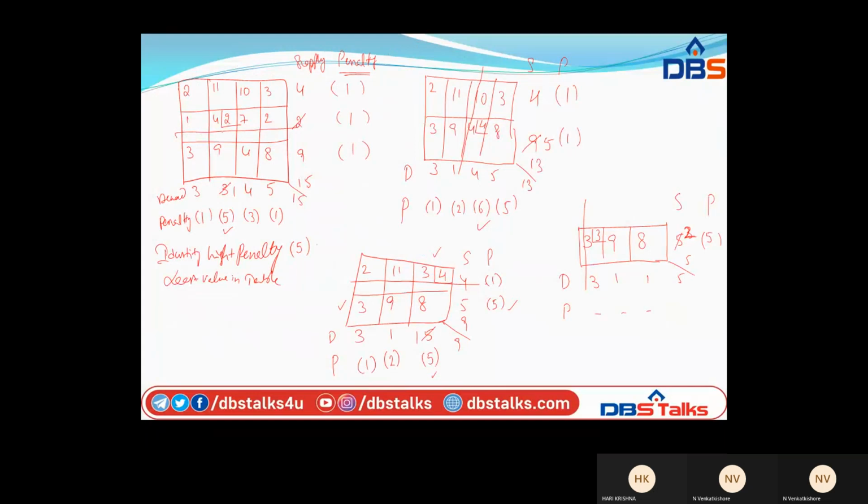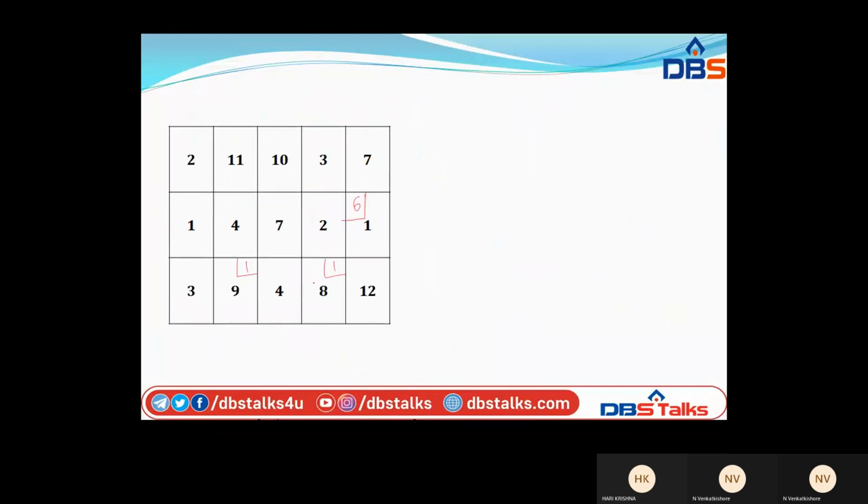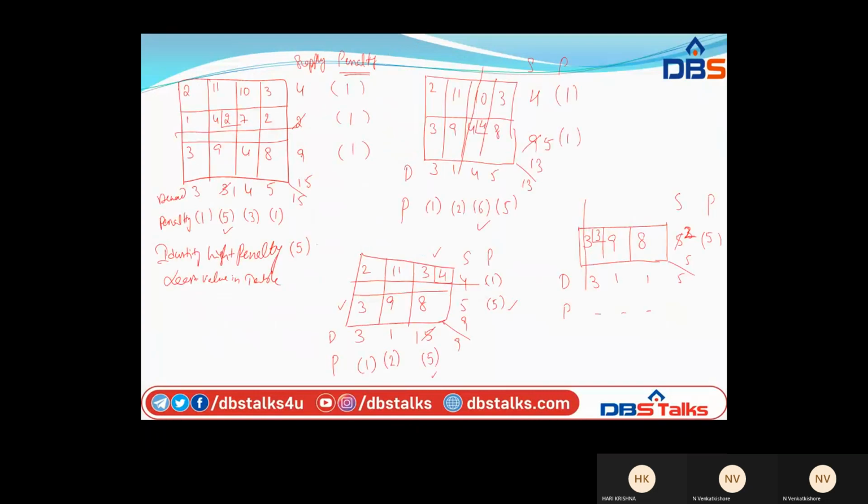Next, 1, 4. Besides 1, it is having 4, 2. Besides 9, 4, 4. Besides 4, 4, it is 4. So if you are having all this data in a single page, it is very easier for us. So these two are over.